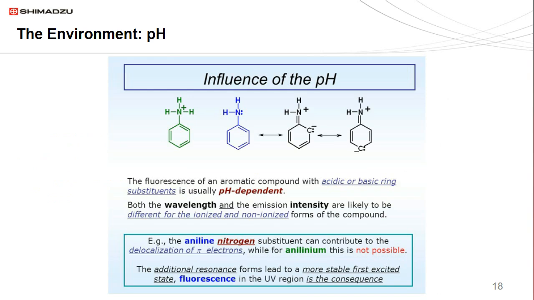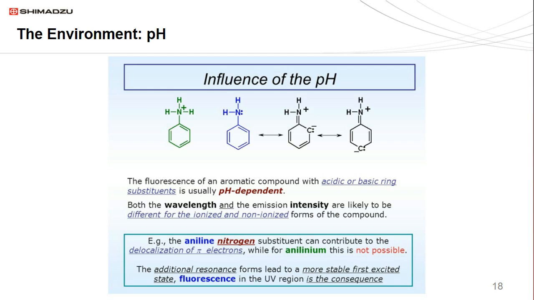As if there hasn't been enough to consider with all the things that can affect photoluminescence, we're going to finish up with pH. If the fluorescent compound you're analyzing can ionize, you have to be very aware of the pH and control the pH almost as meticulously as you control the temperature.